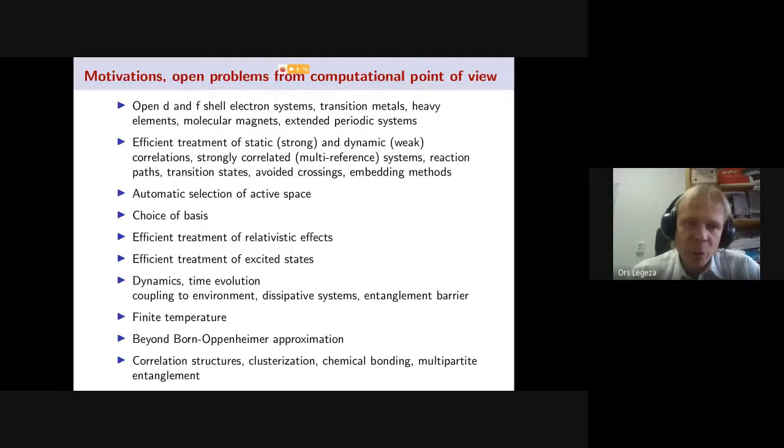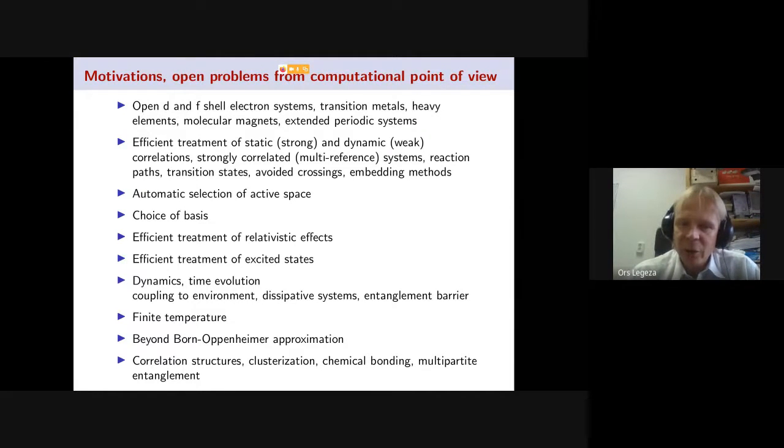So basically, open d and s shell electron systems, transition metals, heavy elements, like these molecular magnets and extended periodic systems are important, because we want to capture efficiently the static, the strong correlations, and then the dynamic, the so-called weak correlations.